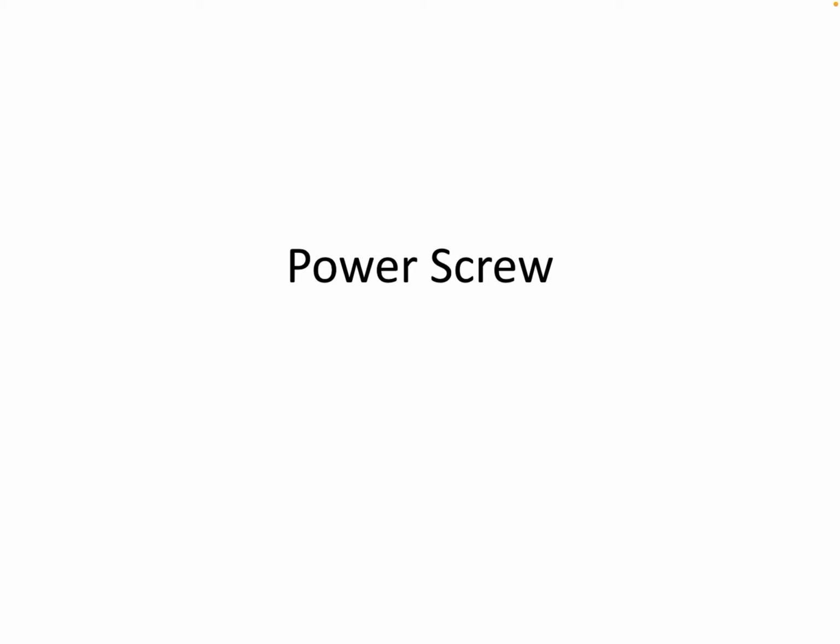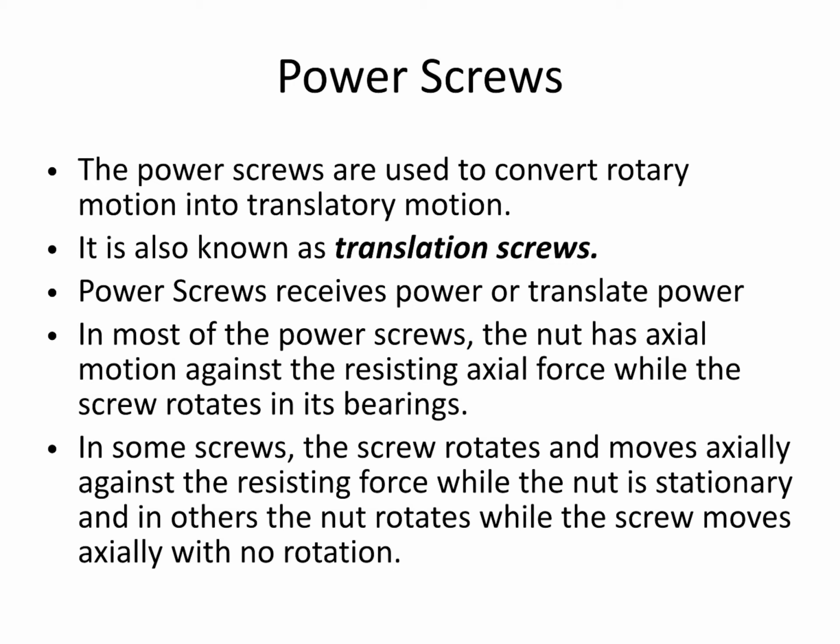So power screws, as the name suggests, are used to transmit the power. As we know, nuts and bolts are generally used as fastening devices, or we can say temporary fastening devices, which can be assembled and disassembled. But power screws are used for transmitting the power.